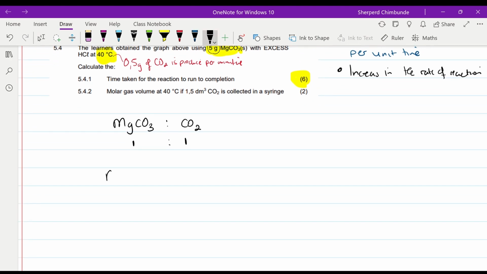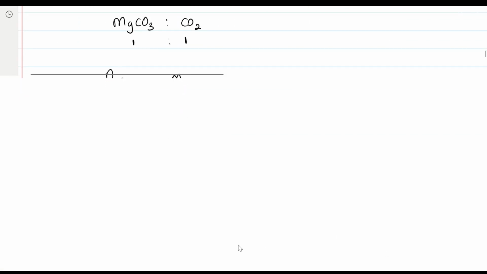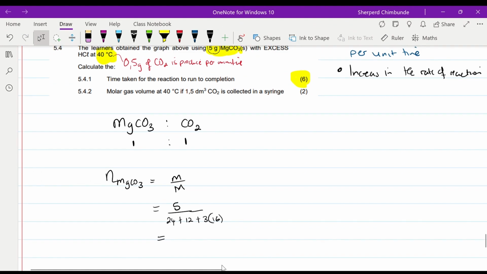So we now calculate number of moles of magnesium carbonate, which is going to be mass over molar mass. The mass is 5 grams over the molar mass. Magnesium is 24 plus carbon, which is 12, plus oxygen, which is 3 times 16. Let's bring in our calculator and make sure we don't make any mistakes.